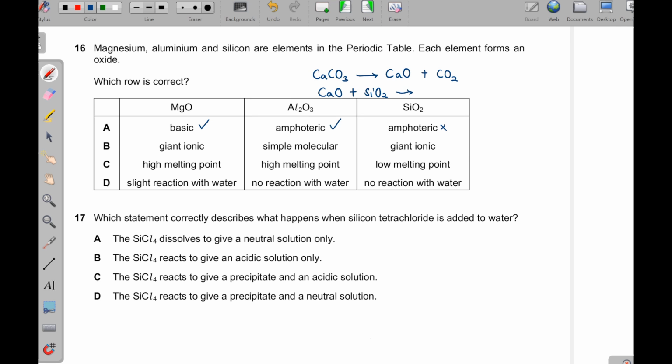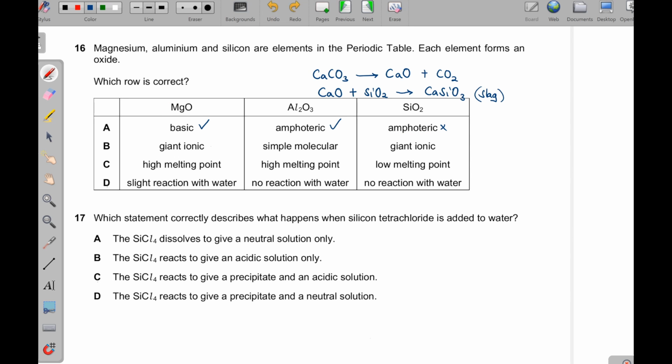So when this one reacts, you are going to form calcium silicate. Okay, this is the so-called slag, which is driven off at the end. You see, so this one is acidic. It's not amphoteric. It is acidic because it can react with the basic oxide here. You see that? Let's go to the next one.